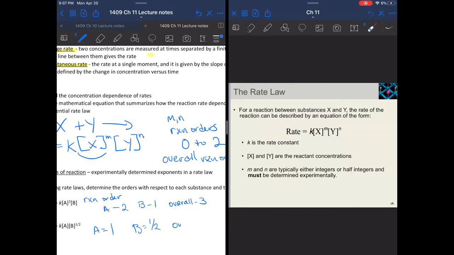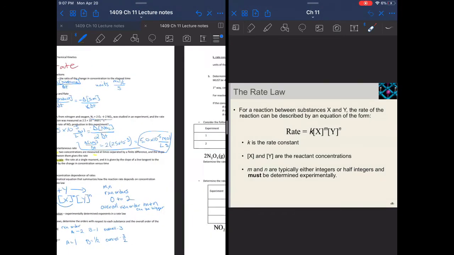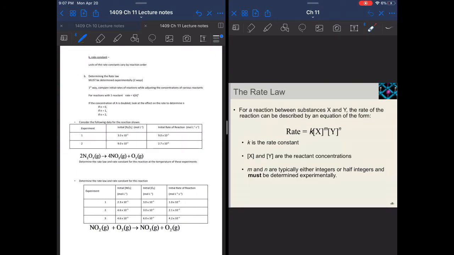That's a possible reaction order. So overall, it would be 1.5 or 3/2. Right? So pretty simple if you already have a rate law to determine the reaction orders and the overall reaction order. But what if you don't already know the rate law? So that's where this page will help us.